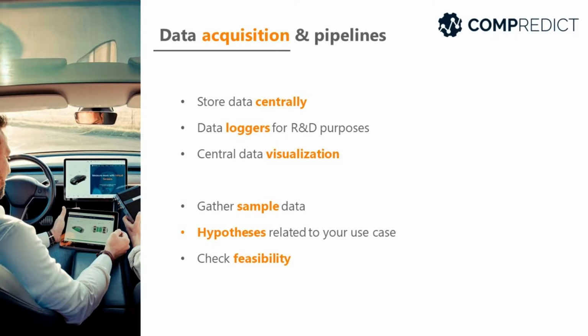In a very concrete way, this means that a data scientist of COMPREDICT, of course, should analyze the data, check if something is missing, if the quality is good enough, and then make some proposals, some hypotheses on what can be reached, and discuss it with the customer regarding the business goal.